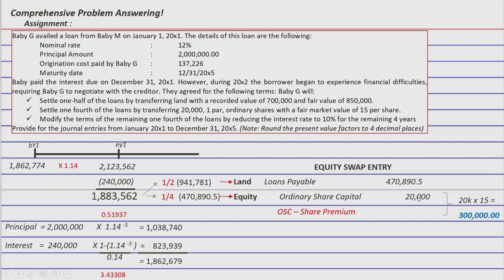The rest, which is 280,000 from the 300,000, shall be credited to the OSC share premium account. And since, the same as check number 1, the debit amount is still greater than the credit amounts, we have to credit gain on extinguishment of debt as the balancing figure, and that is 170,890.5. So that's the whole entry related to check number 2, which pertains to an equity swap.